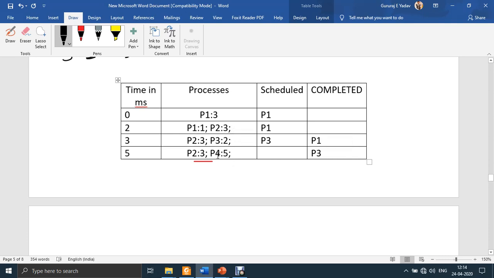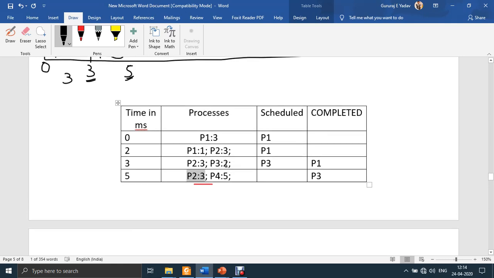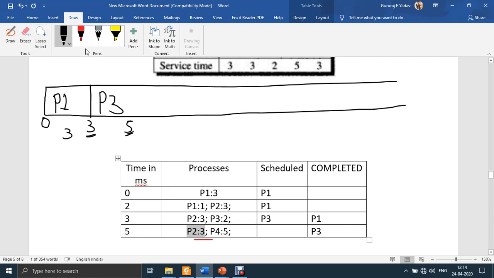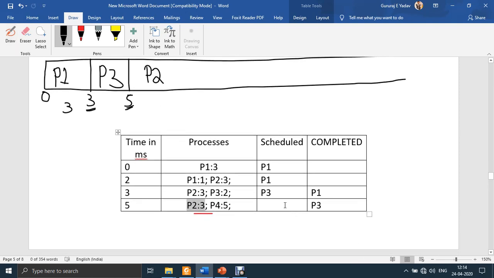Among P2 and P4, P2 has the least completion time, which is 3, compared to P4, which has 5. So at time interval 5, you will give the chance to P2 to start its execution. The scheduled process at time 5 is P2.